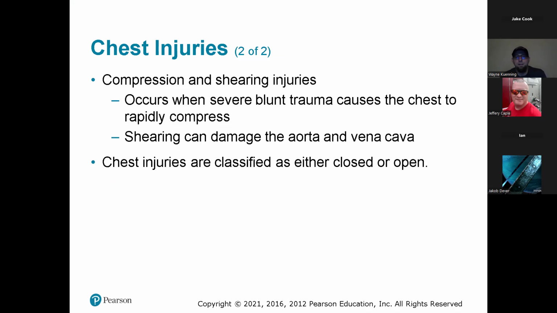Compression and shearing injuries occur when severe blunt trauma causes the chest to rapidly decompress. That is typically when you're going to see an aortic tear or aortic dissection in the chest cavity, because the aorta and the superior vena cava, I wouldn't say that they're bolted to, but they're relatively well anchored to the tissues around the spine to protect them.